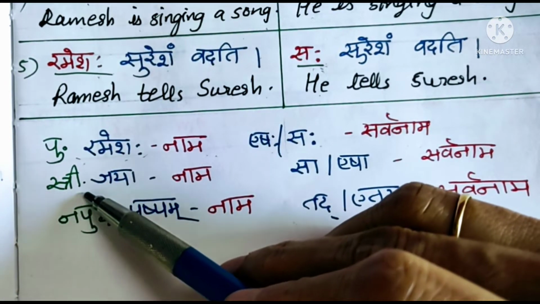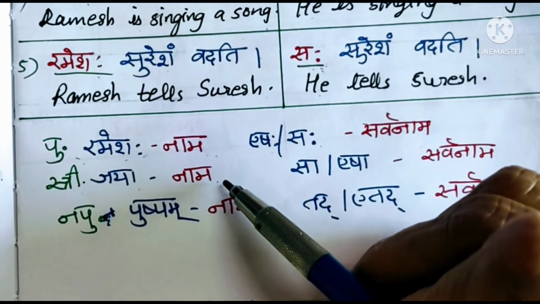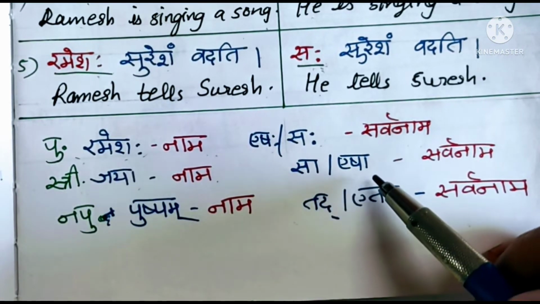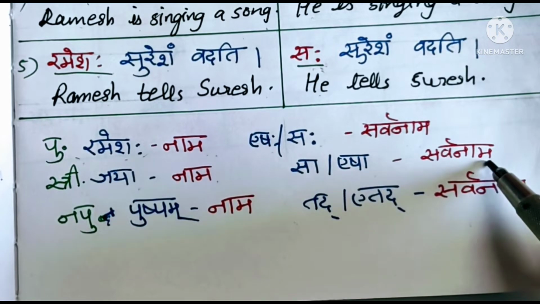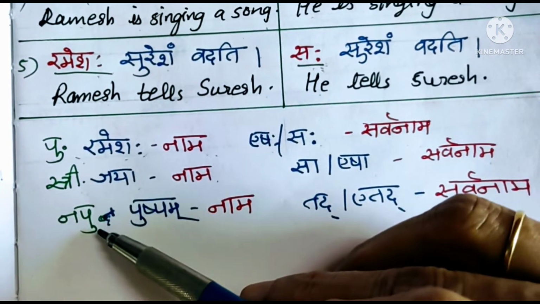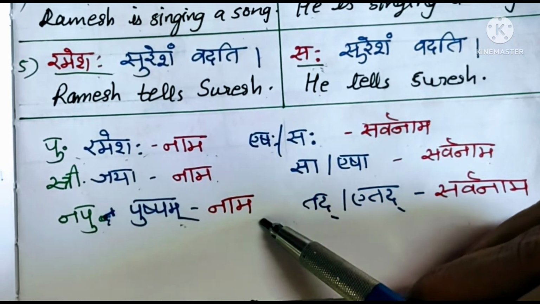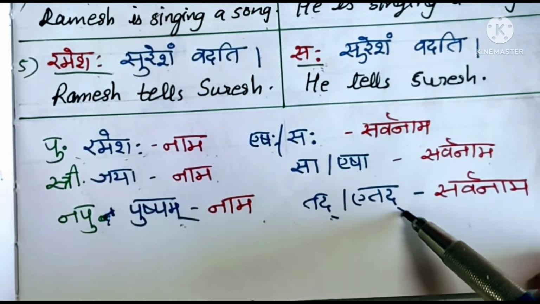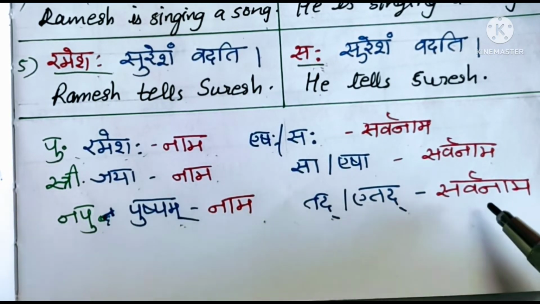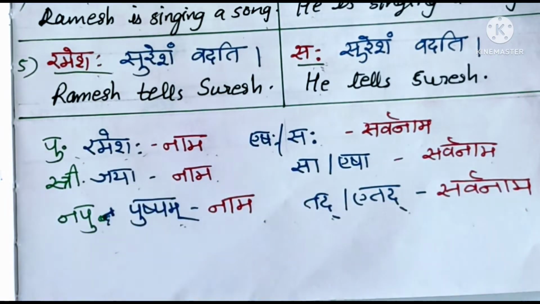Then for Strilingam, Jaya is the noun, and we can use Sa or Esha as a Sarvanama in a sentence. For Napusakalinga, Pushpam is a noun, and Tad or Etad are Sarvanam for Napusakalinga Ekvachanam.